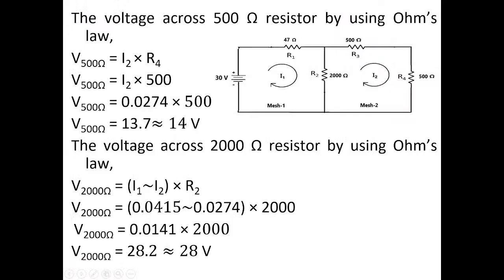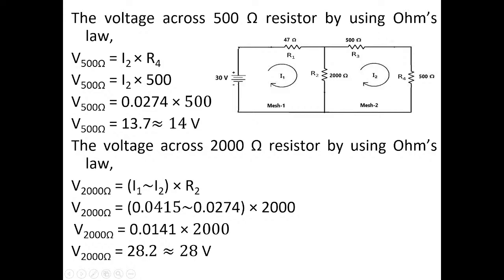Okay, let us proceed further. Same equation: let us determine the voltage across R4. R4 is 500 ohms. What is the current? I2, same as whatever I have written earlier.